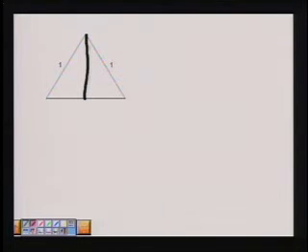So focusing on the right side, we have a small right triangle with a base 1/2 and a hypotenuse 1. Since the original triangle was equilateral, you will remember from geometry that this angle must be 60 degrees. And the top angle was cut in half, so this angle is 30 degrees.